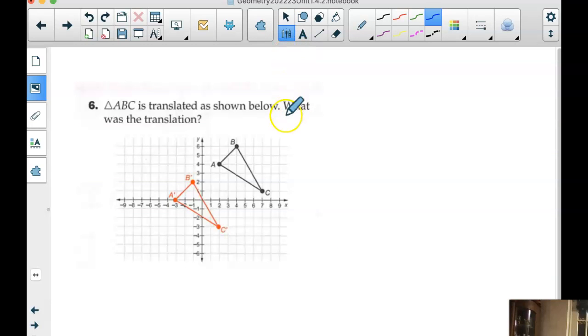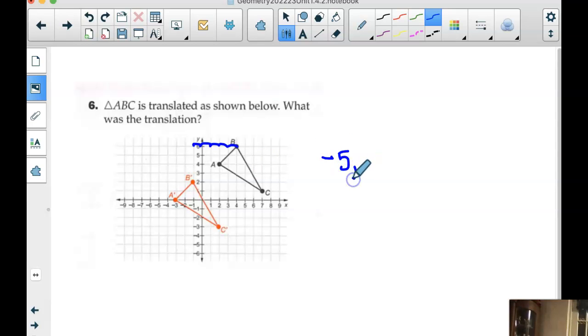I'm going to go from B to B prime, and let's see what happens. All right, blue will be fine. I want to see how many we went over first. 1, 2, 3, 4, 5. So we went 5 in the negative direction, 5 to the left.